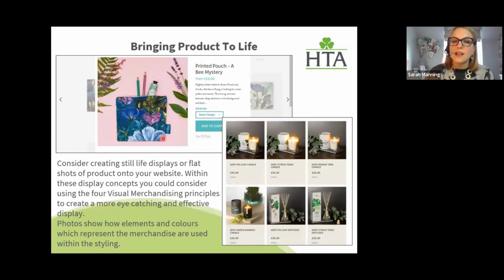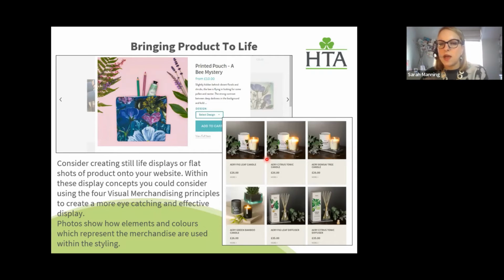And it creates as near to an experience of shopping that product online as you'd have in store. I think Liberty particularly is a good one who creates the atmosphere of their store particularly well online, if you want to have a look at that. The picture on the right hand side here is of Yarnton.